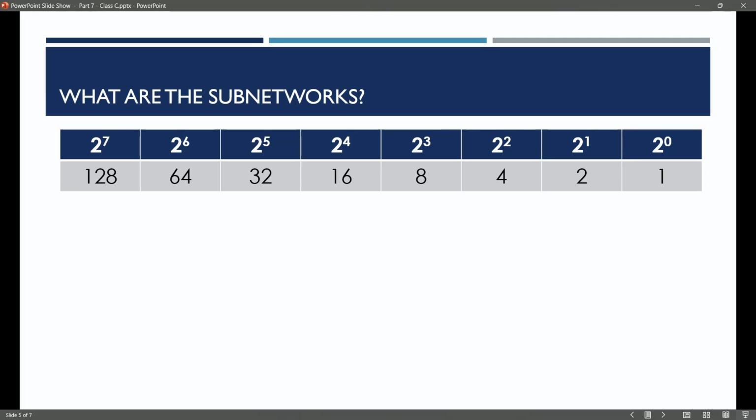Now, what are these subnetworks? It's at this point in the video where I am going to teach you a mathematical trick that works every time that you are going to love. It's the first time we've encountered this, so you haven't seen this in any other video we've created for you. What we're going to do is figure out the increment or block size. And how this works is you look at how many bits you went deep in your subnetting, and we know that was 2 bits.